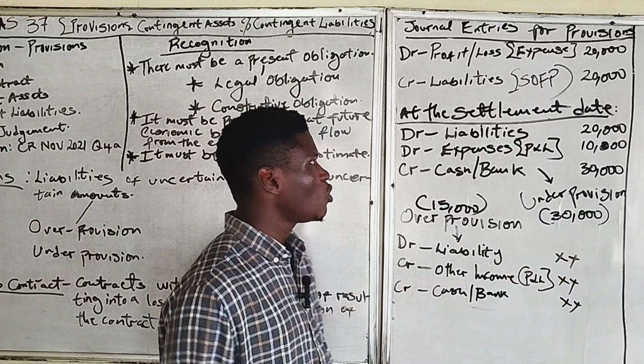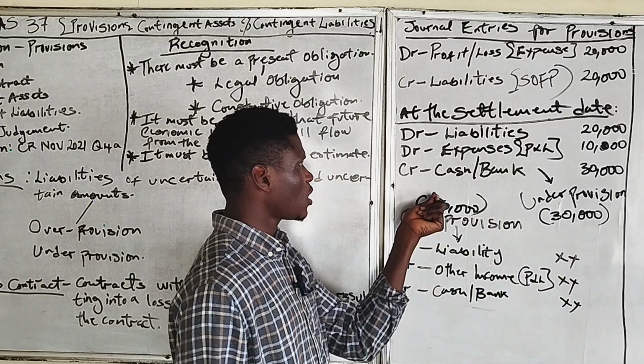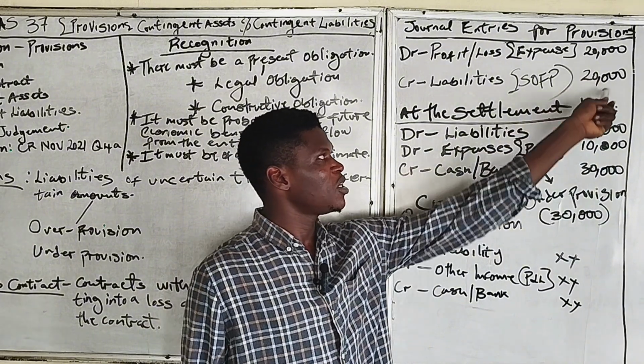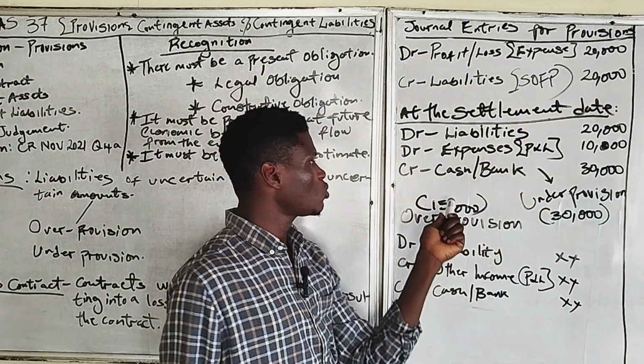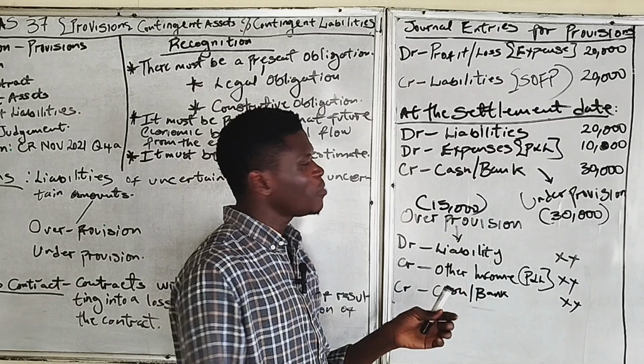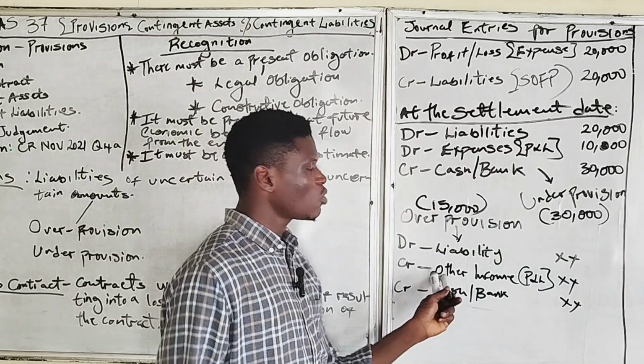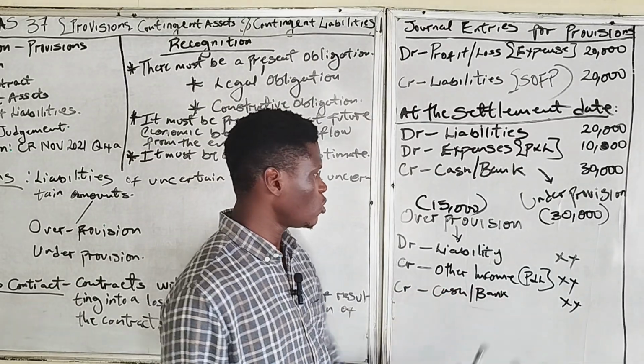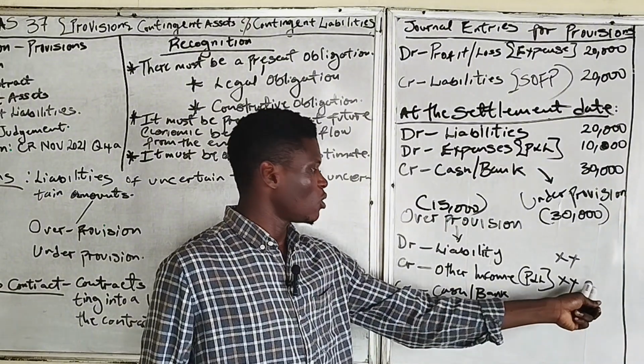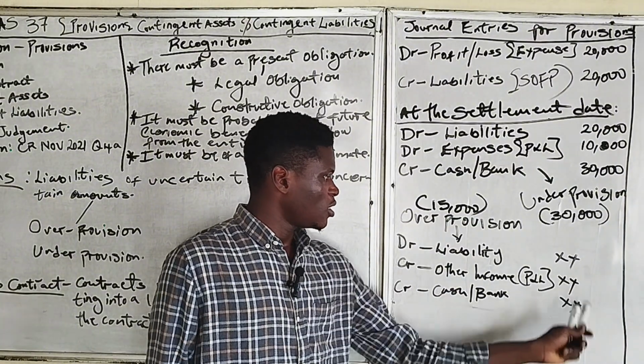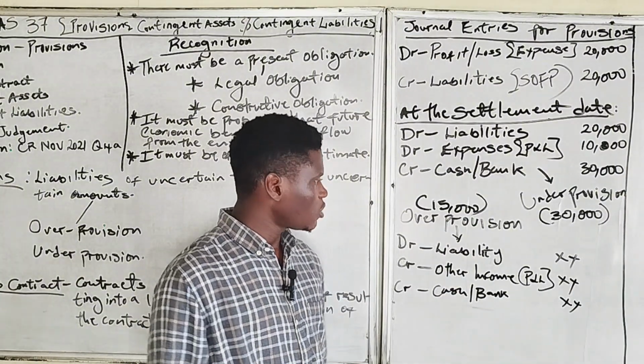Then the remaining amount, what we are paying now, is just 15,000. We made a reservation of 20,000 for the obligation, but what we eventually paid is 15,000. The remaining 5,000 will be taken as an income to the P&L account, which is profit or loss. So that settles it.